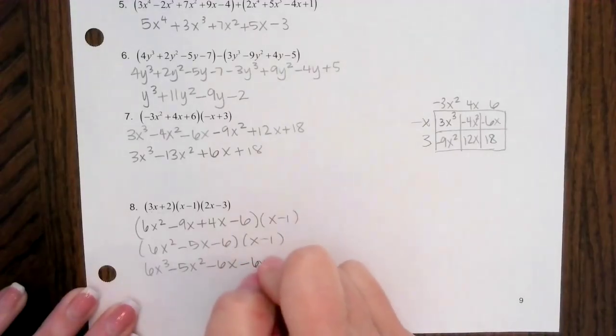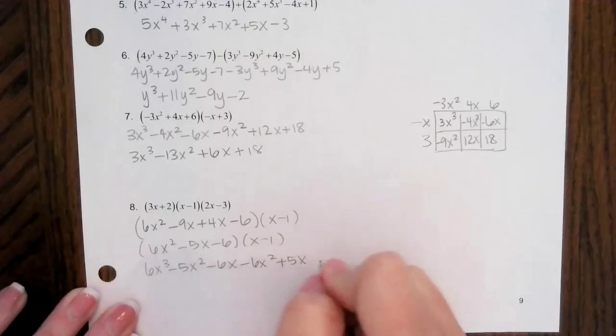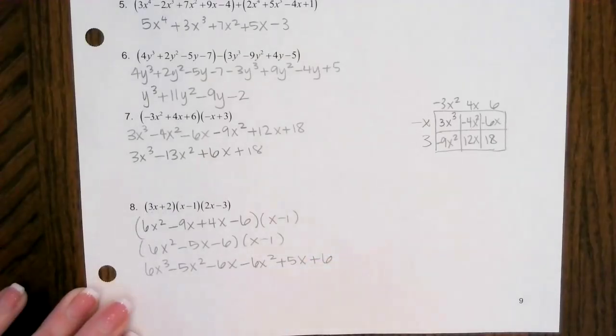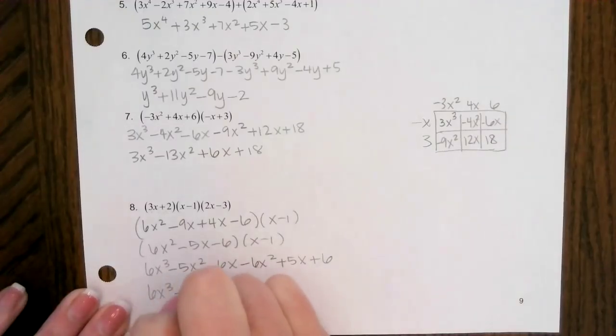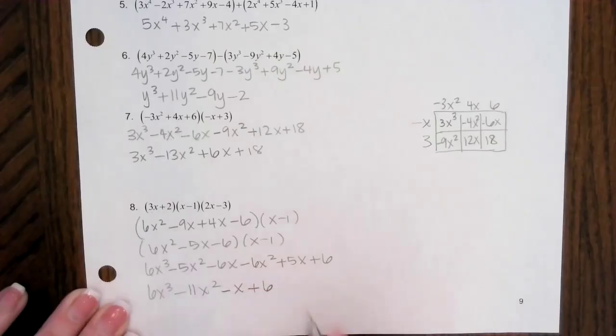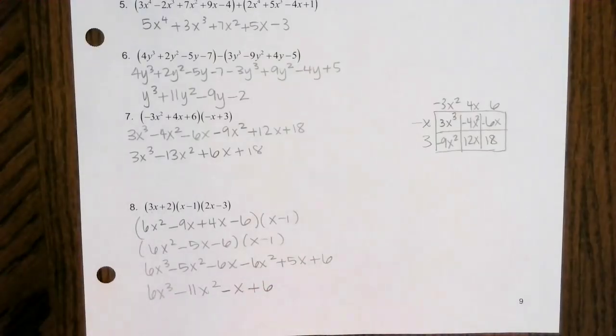So I get negative 6x squared plus 5x plus 6. That gives me 6x cubed. When I combine these 2 together, I get negative 11x squared. Negative 6x and 5x give me a negative x, and then I've got that plus 6 at the end. And so that is multiplication of our higher order polynomials.